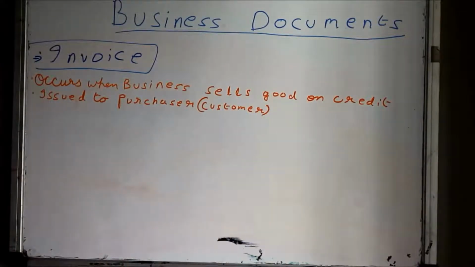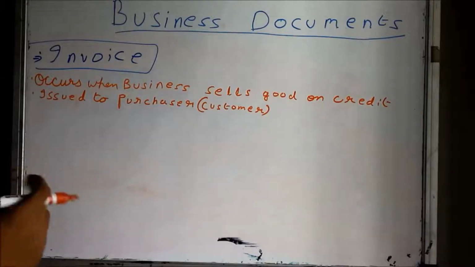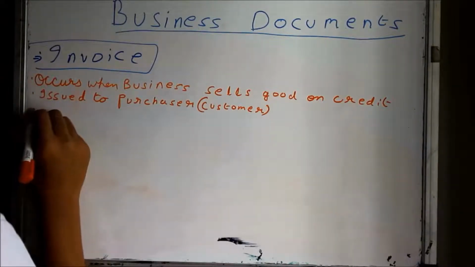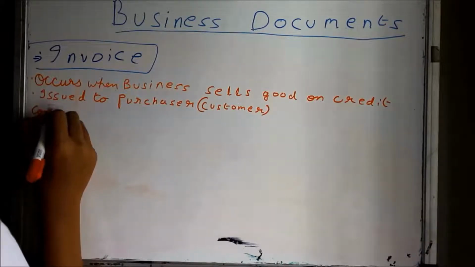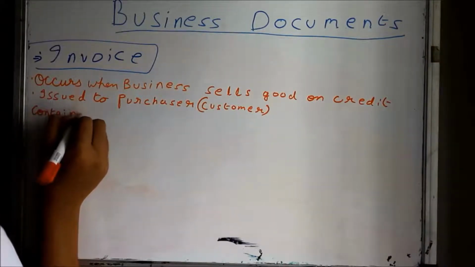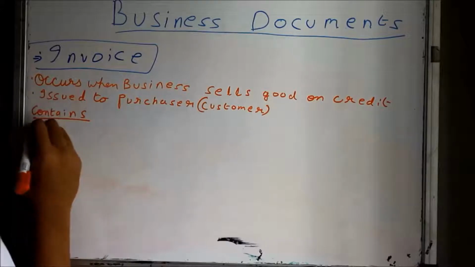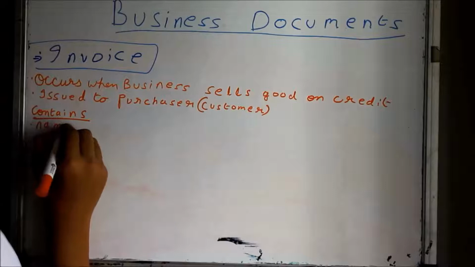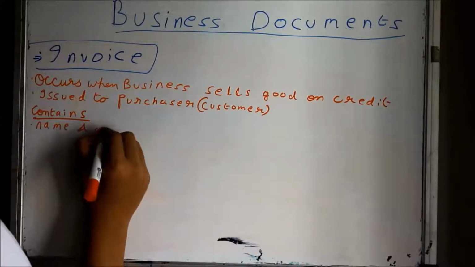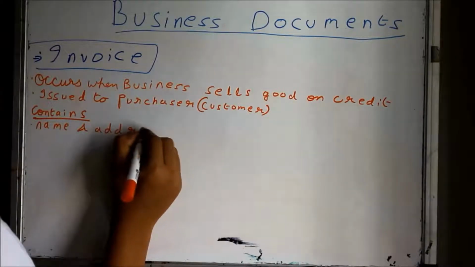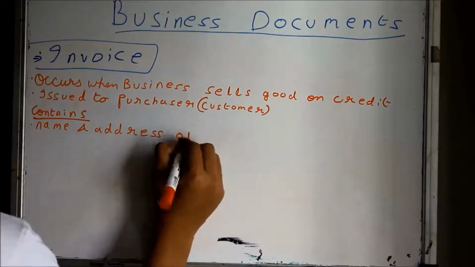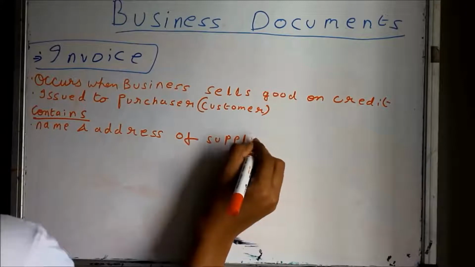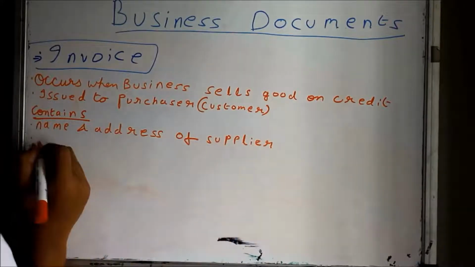In that invoice, let me tell you the details which are contained in it. The invoice contains the name and address of the supplier, it also contains the name and address of the customer.